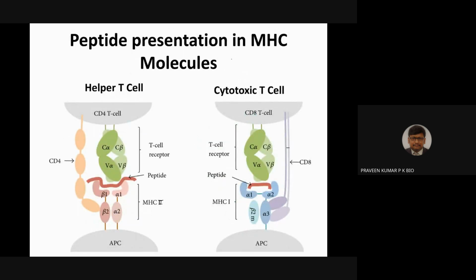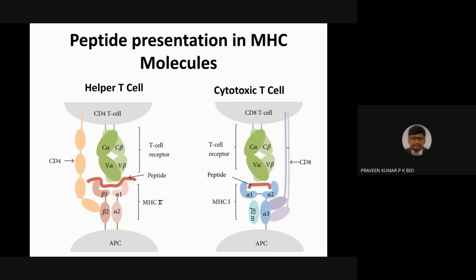Let me explain the peptide presentation by MHC molecules. I've already explained that the T cell tries to bind with the MHC2 molecule receptor, but this alone won't give an antigen presentation and processing response. We also have to see that CD4 from the T cell is interacting with the MHC2 molecule.